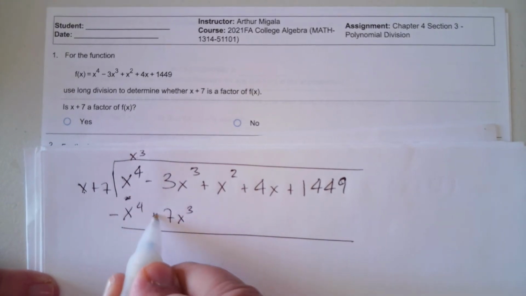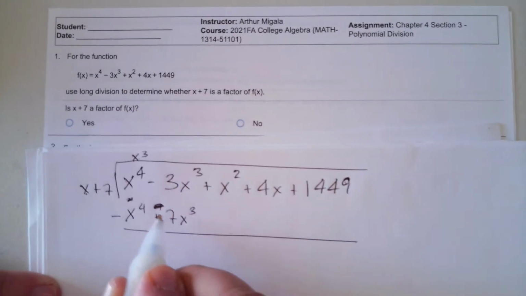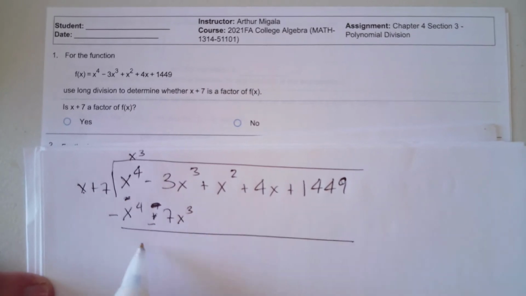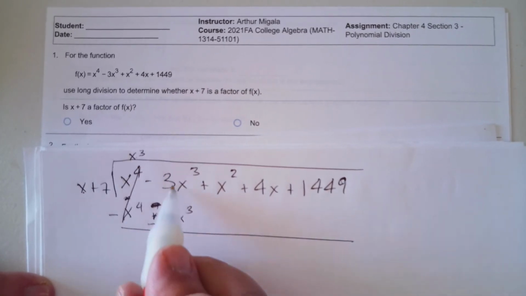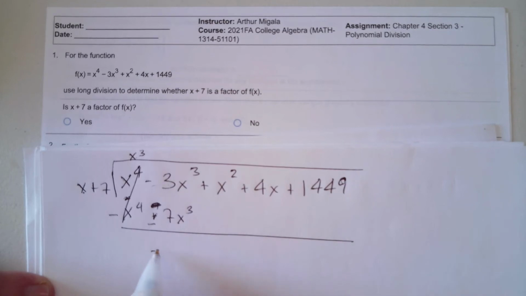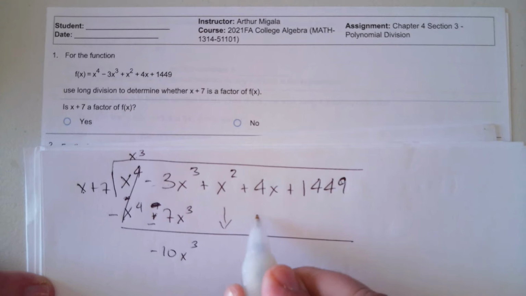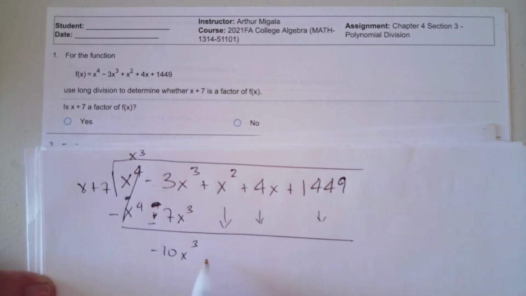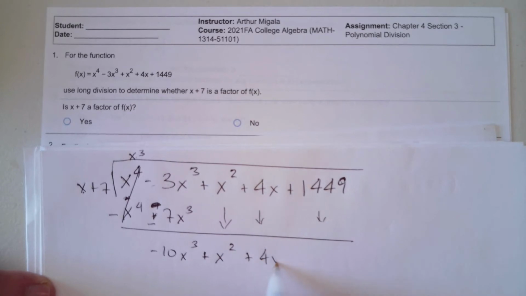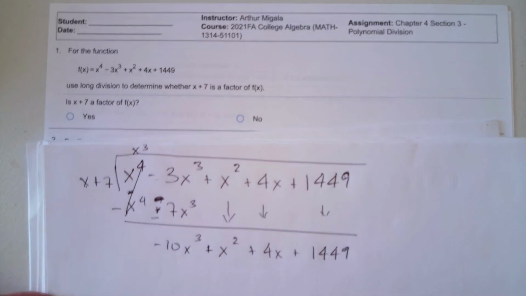Change the signs and add. So those cancel. Negative 3, negative 7 is negative 10x cubed. Bring everything else down: x squared, 4x plus 1449.